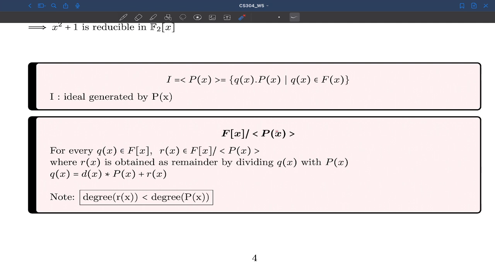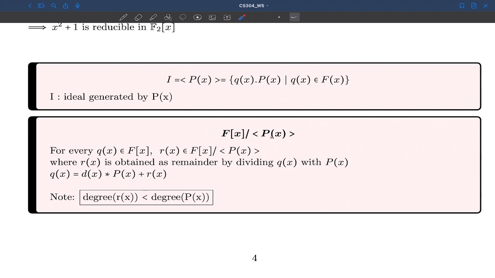So when you fix a polynomial p(x) from my field F[x], I divide every other polynomial with my p(x), and I will get a remainder after that. The set of all those remainders will be denoted by this. So p(x) can be anything. Let's say I took x square plus x plus 1. This is a polynomial.